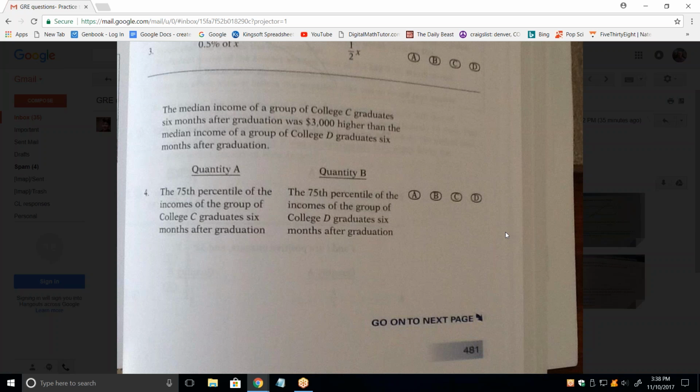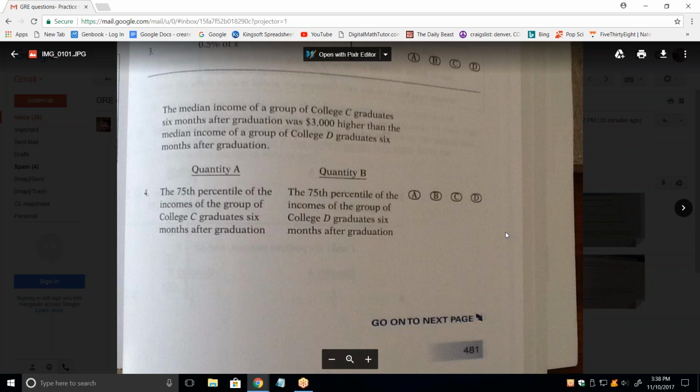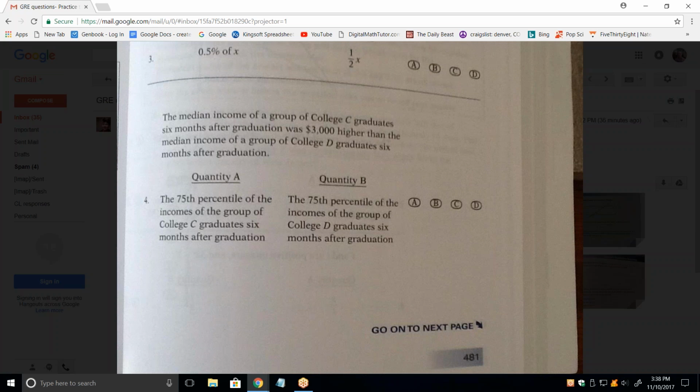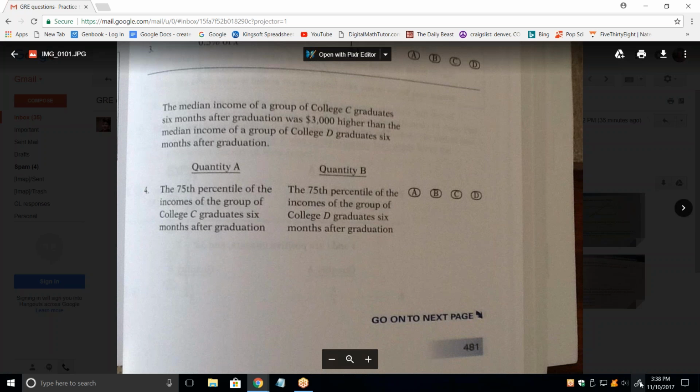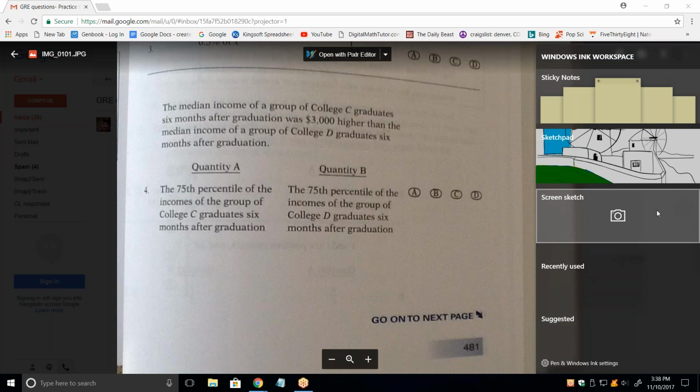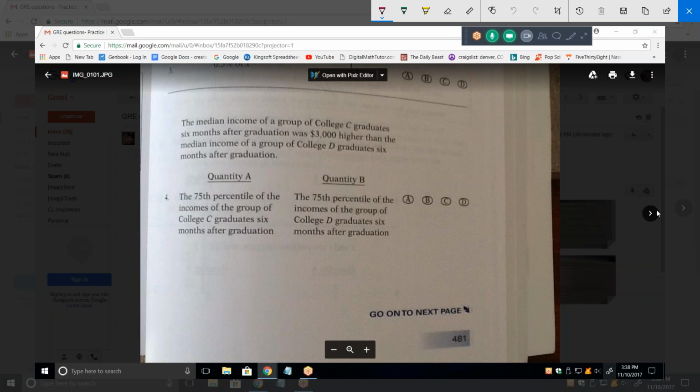But does A have to be bigger than B? Well, let me draw some numbers here for you. In other words, it's pretty easy for me to come up with an example. I'm going to put 10 numbers over here.